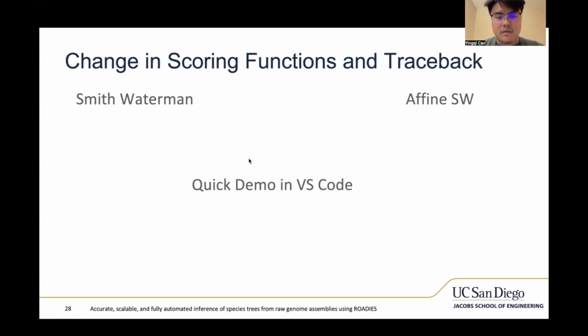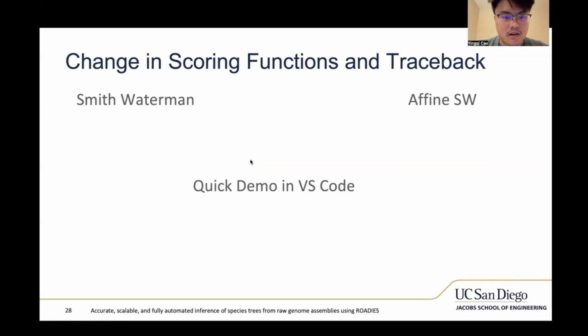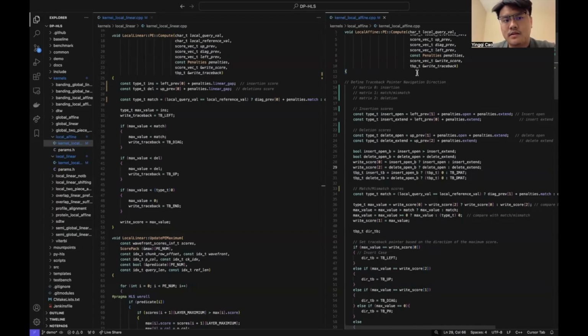So now let me show what code changes are needed. This is a comparison of the kernel compute function for the affine Smith-Waterman and linear Smith-Waterman algorithms. The affine scenario is a little bit more advanced because it computes the scores for two more matrices, which are the insertion and deletion matrices. This left pref and up pref mean the cell score on the left and above the current cell.